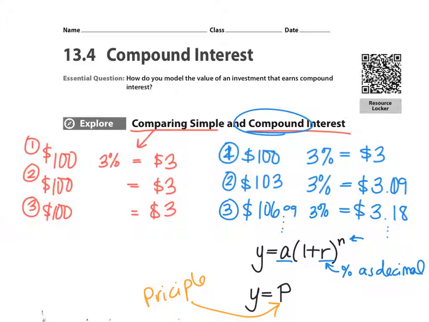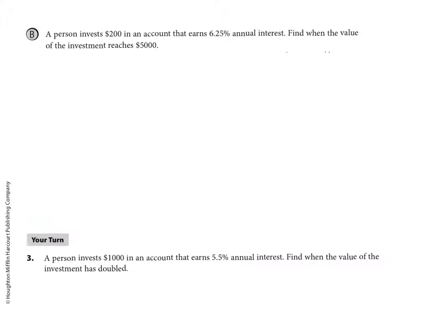And then r is going to be your rate, so it's still 1 plus r, and now t is going to stand for time, how long you're doing this process over and over and over again. So still the same values, just notice some of the letters are going to look a little bit different.